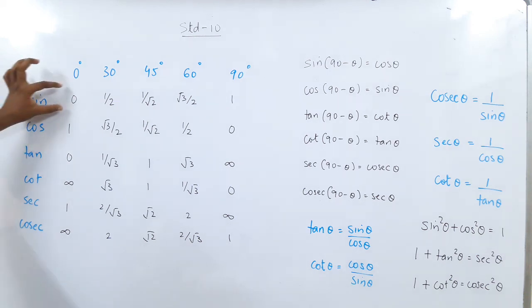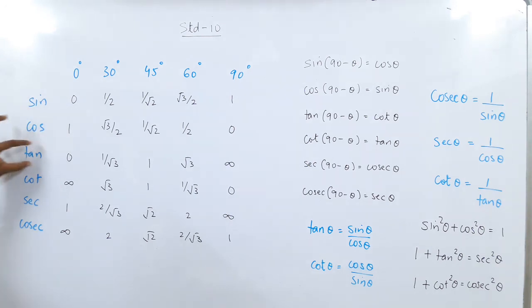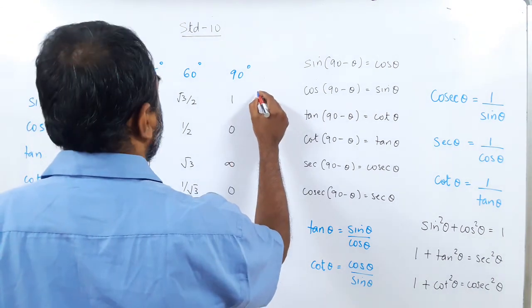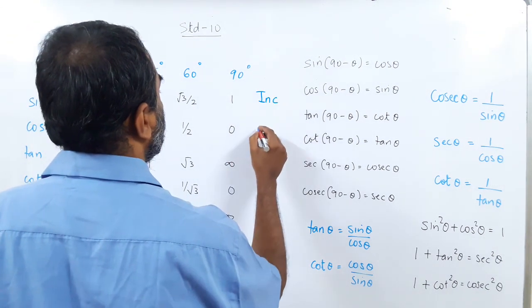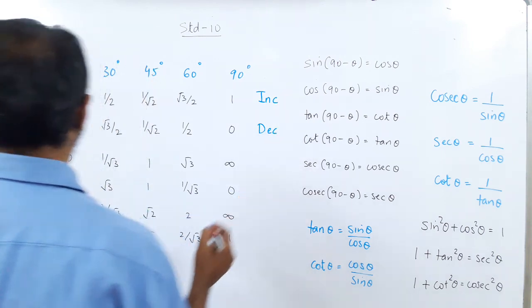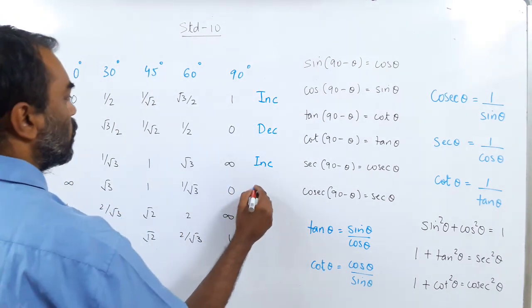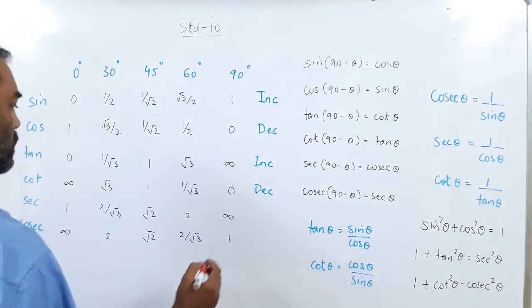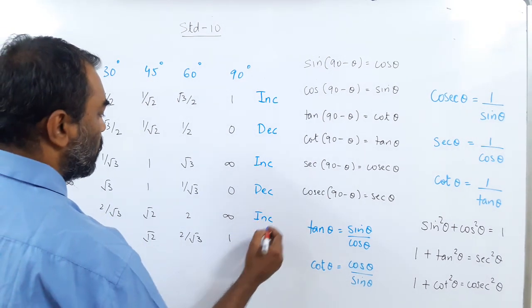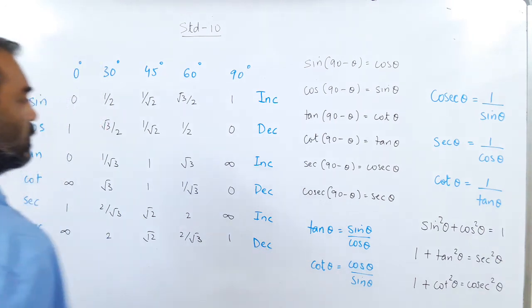You can see sine 0 is 0 and tan 0 is also 0. So let me first write what we need to see. Sine is increasing, cos is decreasing, tan is increasing, cot is decreasing, sec is increasing, cosec is decreasing.